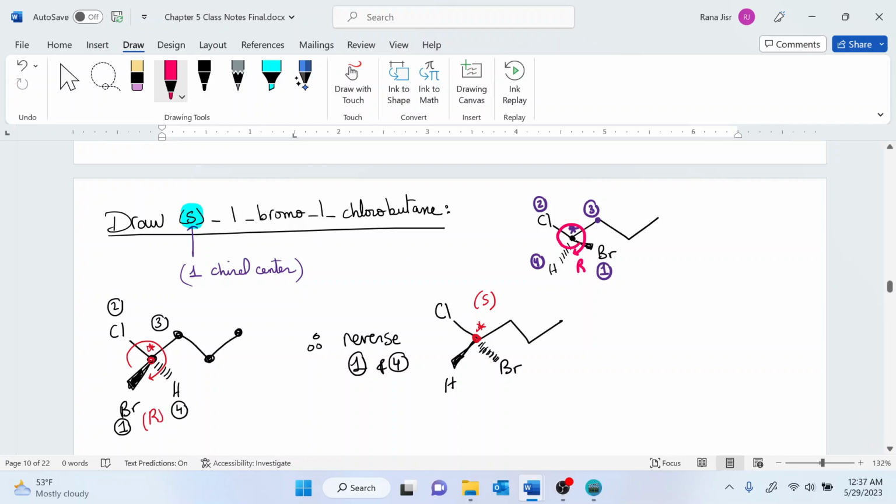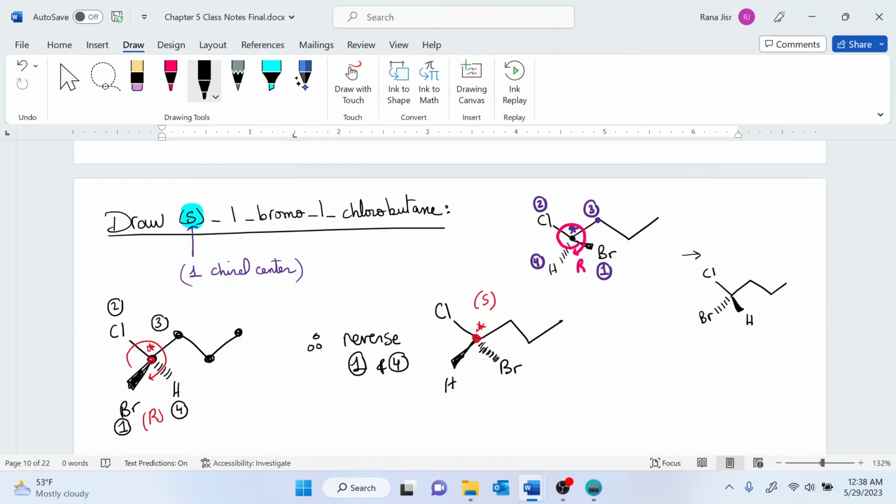So all what you need to do over here is simply reverse the bromine and the hydrogen, as simple as that. Now you have your chlorine, leave the carbon chain alone, and reverse the hydrogen and the bromine, and now make the bromine behind and the hydrogen is in front.